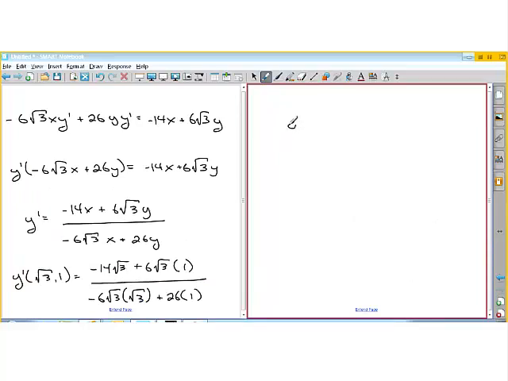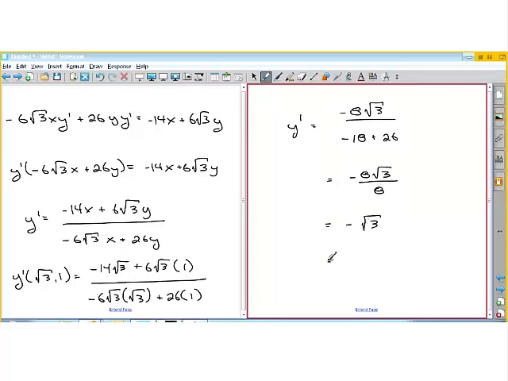So on top we get y prime is equal to negative 8 square root of 3. Negative 14 plus 6 is negative 8. Here we get 6 times 3, since square root of 3 times square root of 3 is 3. So I actually get negative 18 plus 26. So you get negative 8 square root of 3 over 8.